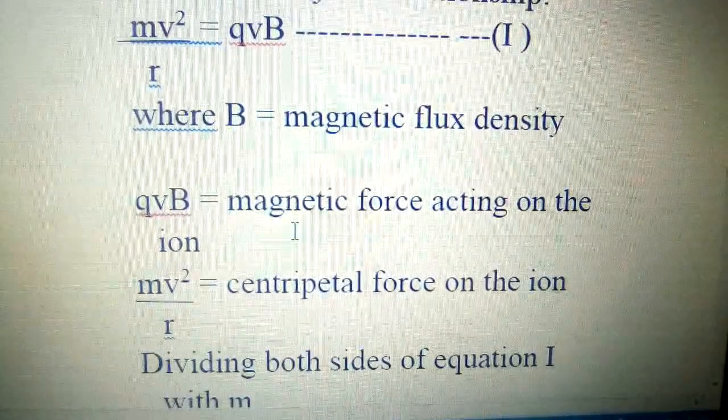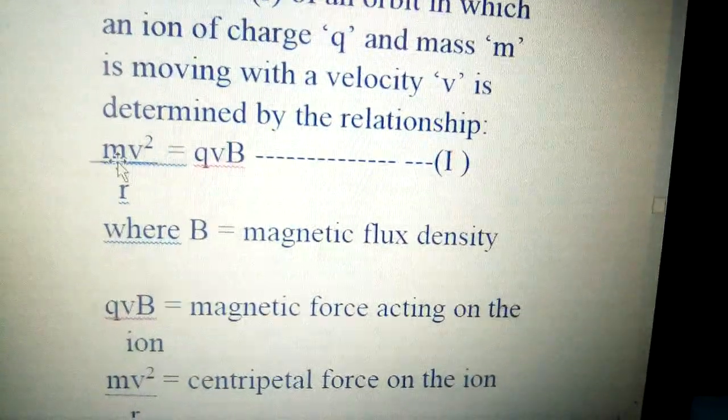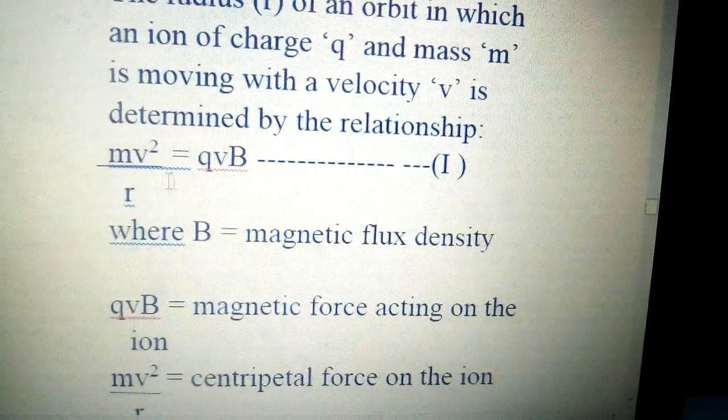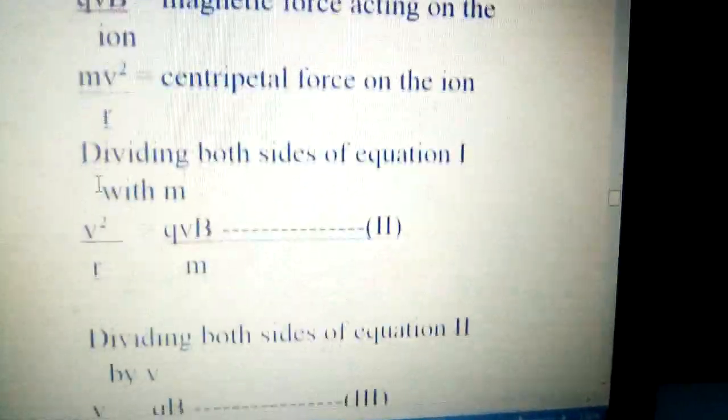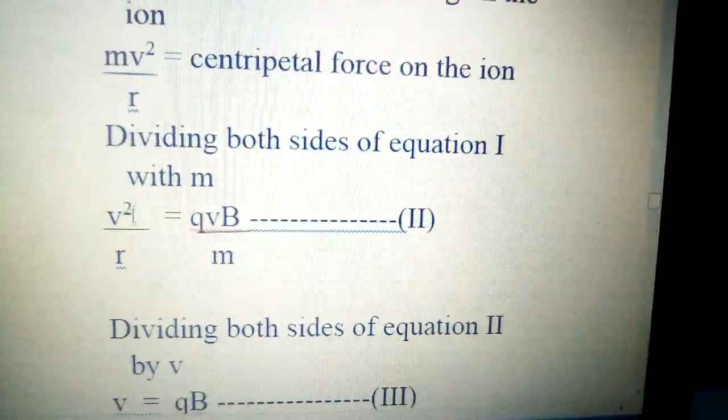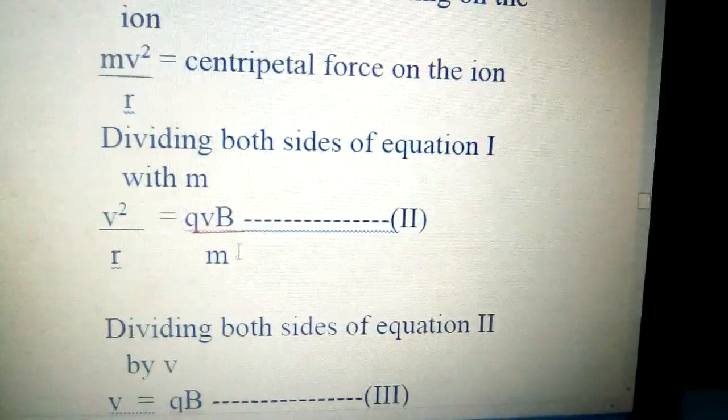Equation 1 is the equation above. Dividing both sides by m, we get the relationship in equation 2: v squared over r equal to qvB over m.